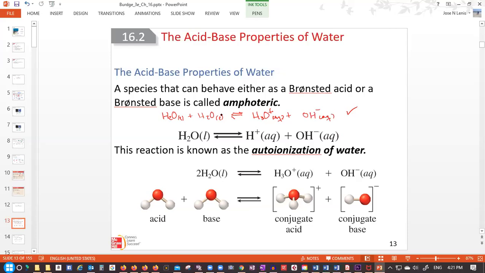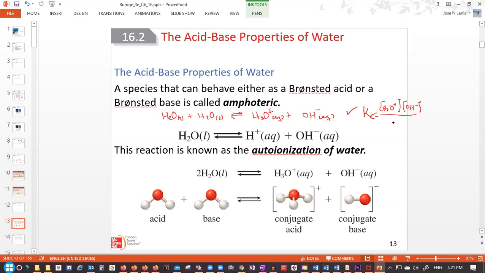Remember, in an equilibrium process, when we write the equilibrium constant, K sub C, for this process, we'll find the concentration of H3O plus times the concentration of OH minus over the concentration of what?